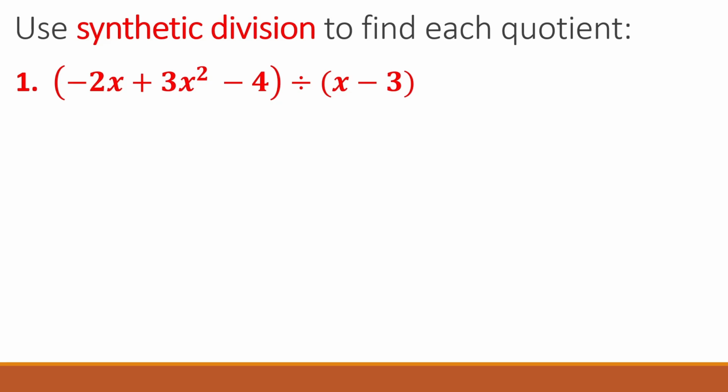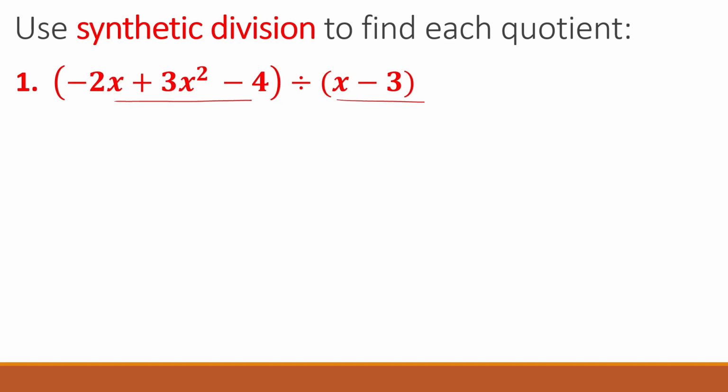So tingnan natin yung ating polynomial. So sabi sa first step, we need to arrange them in descending power of x. So kailangan is naka-standard form itong ating dividend and of course ating divisor. And alamin din natin, i-check din natin if may missing term siya. So kapag may missing term, we are going to insert 0 on that missing part.